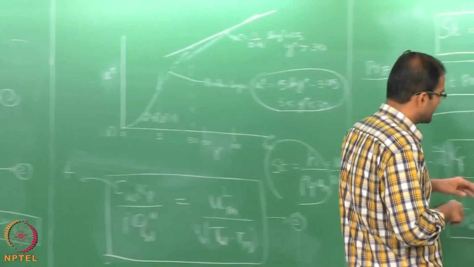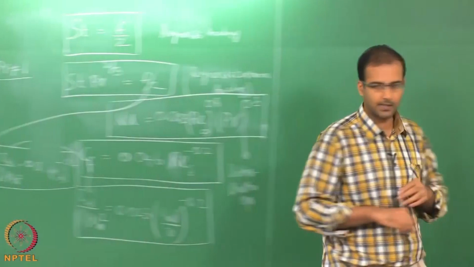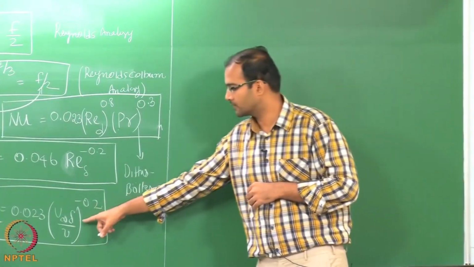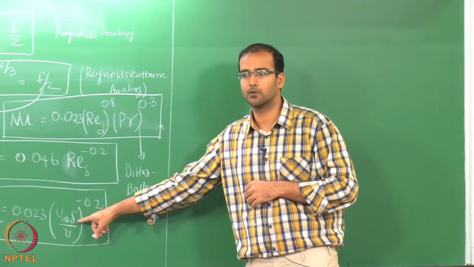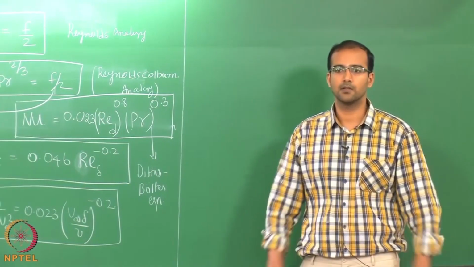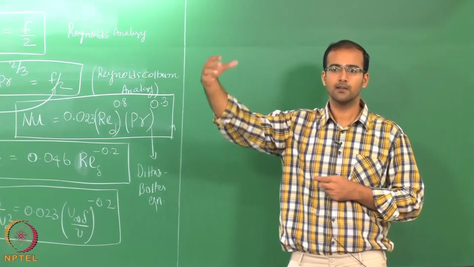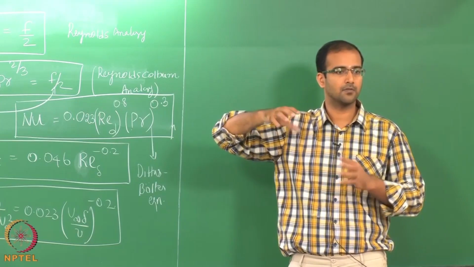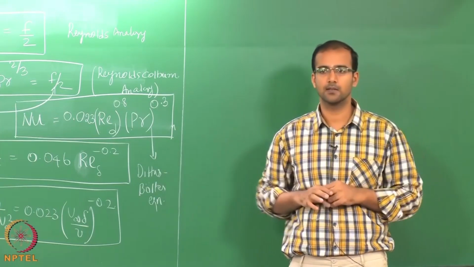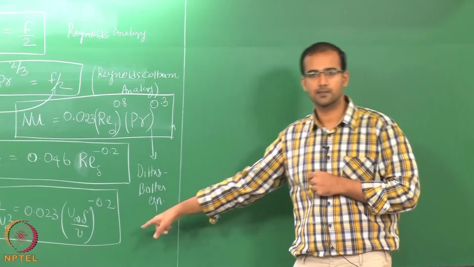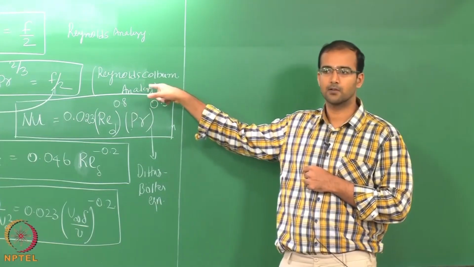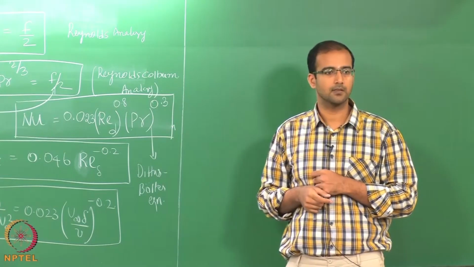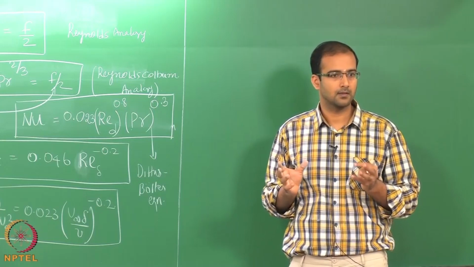Now, how do we deal with external flows? This is for internal flow, where you have the Dittus-Boelter. In external flow, your Reynolds number is defined based on boundary layer thickness. Then what do we do? We use the momentum integral, get the expression for boundary layer thickness as a function of the local Reynolds number, and substitute that into the Reynolds-Colburn analogy, and you will get a similar expression for external flow also.